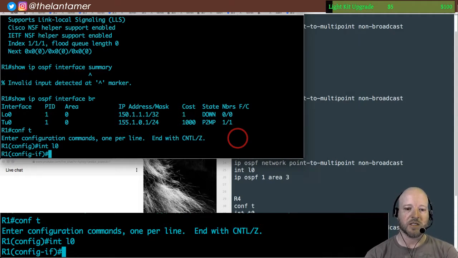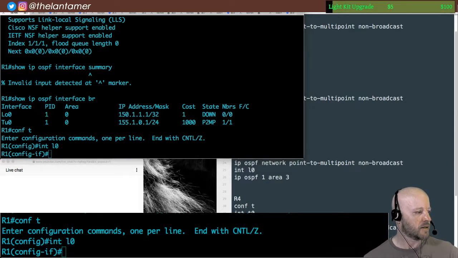Cost 1, state is down. He is in area 0, participating in OSPF. Neighbors, yeah. Okay, I need to take a look here and see.